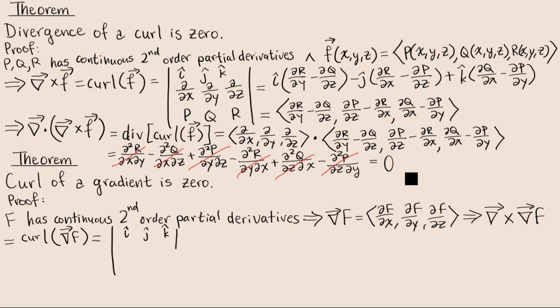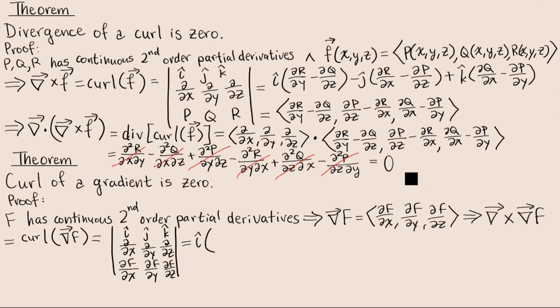So with the cross product, we again need to take the determinant of a 3 by 3 matrix, then we have the gradient of f, and what is this equal to?